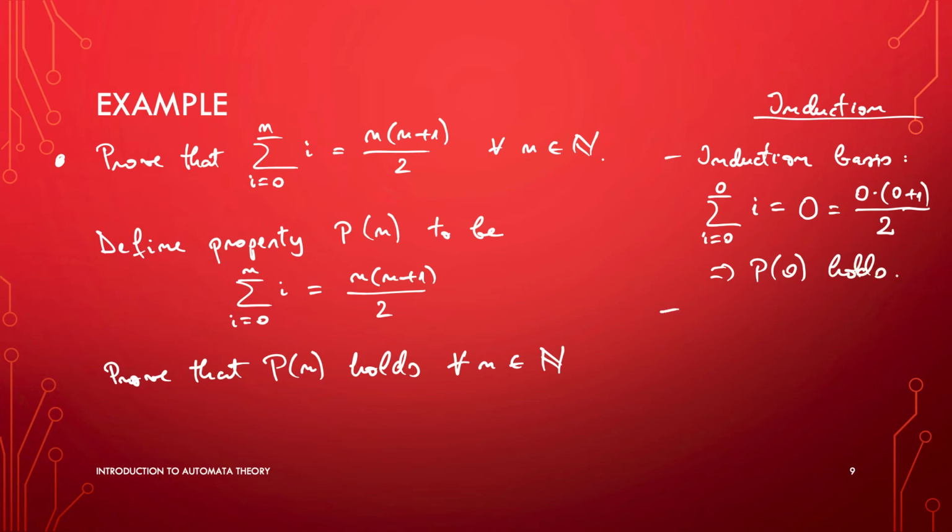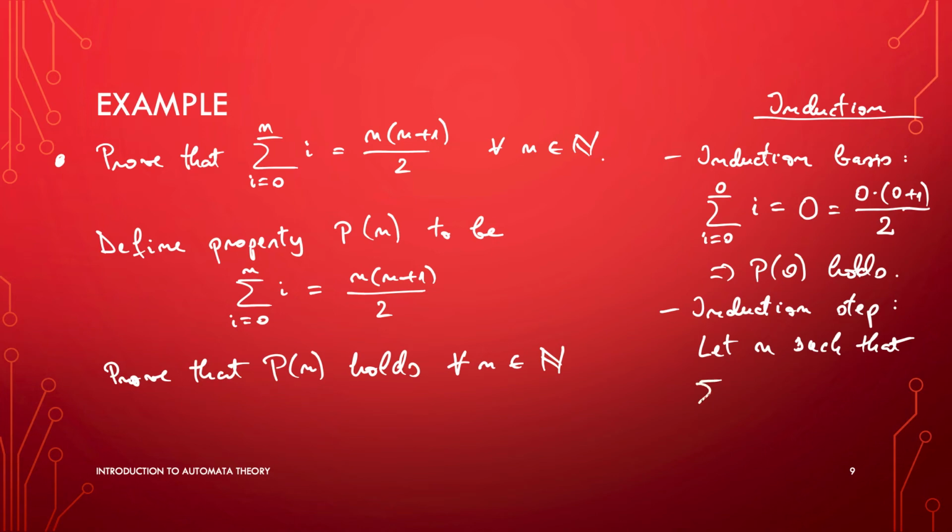And then once we've established the induction basis, we do the induction step. In the induction step, I'm going to assume that the property holds for n, so let n be one where P of n holds.